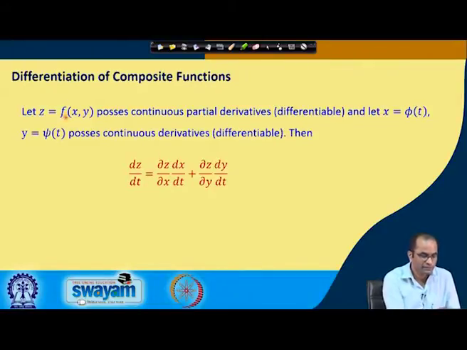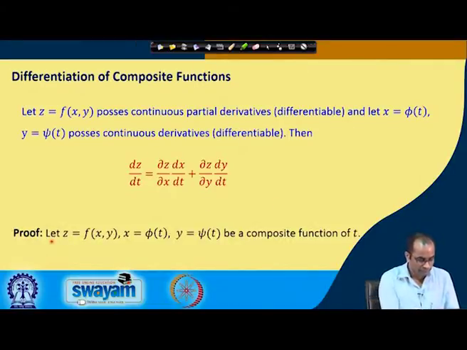We are making use of the fact that f is a function of two variables x and y, so we take the partial derivative of f with respect to x, multiplied by the derivative of x with respect to t. It is an ordinary derivative because x is a function of one variable t, and this is the chain rule again. Plus this, because z is a function of y as well: the partial derivative with respect to y, multiplied by dy over dt. We will derive this formula now.